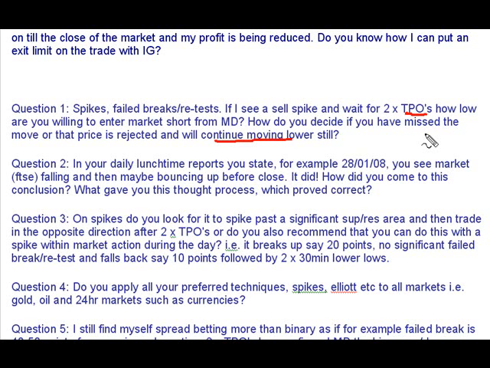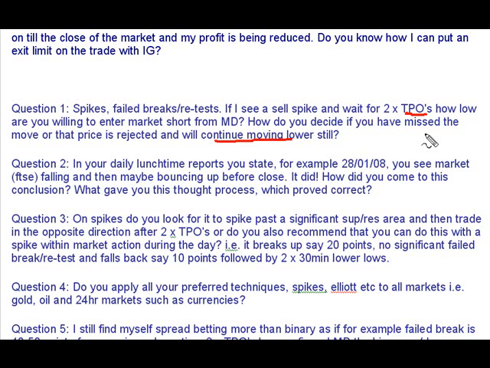How do you decide you've missed the move? Well, again, it's up to you. If you've got a 50-point spike, you may decide that's too much. You may decide 25 points is too much. It is very much a question of your own trading. I'm sorry to repeat myself, but it is the key point here.